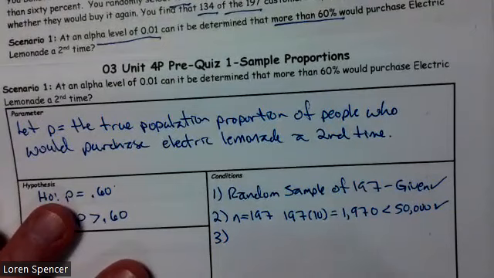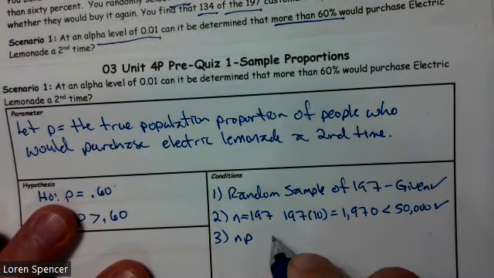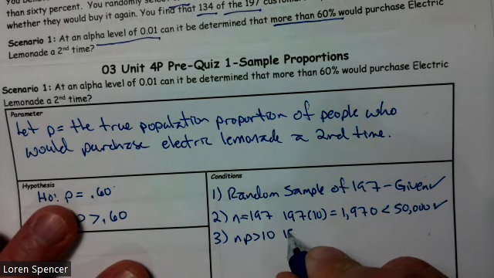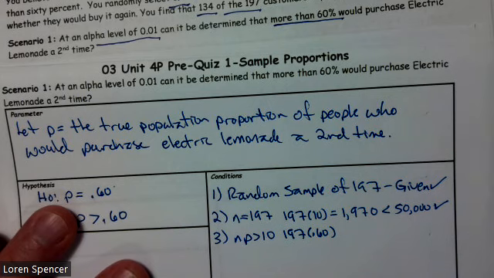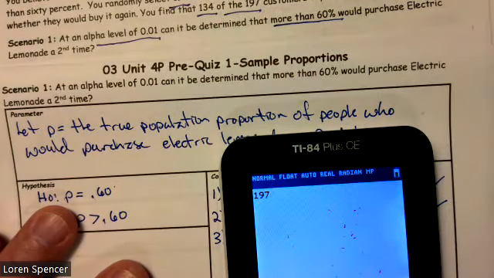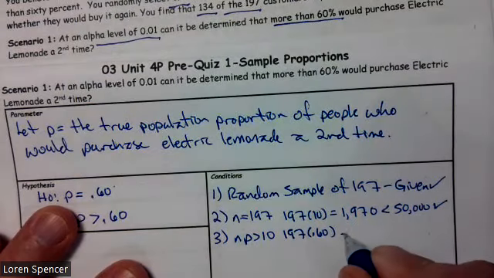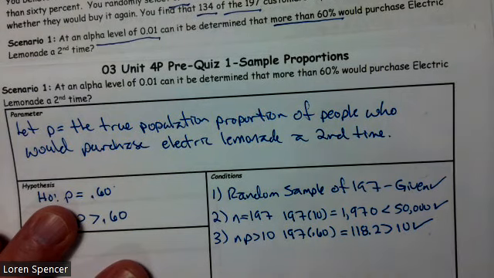All right. np and n times 1 minus p. np has to be greater than 10. So in this case, 197 times 0.60. What do we get? Well, let's check it out. 197 times 0.6 equals 118. And that's greater than 10, so that takes care of that one.